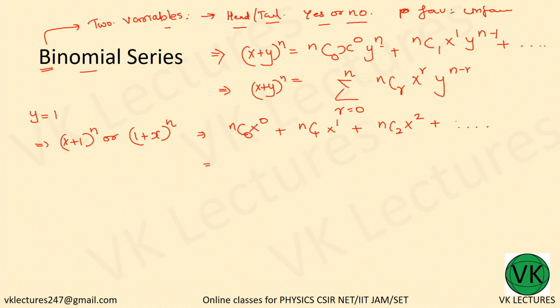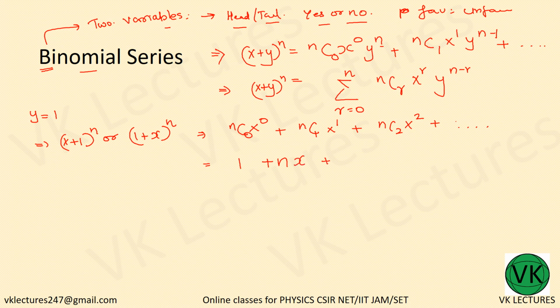Now nC0 is 1, x to the power 0 is 1, so 1 plus nC1 is nothing but n into x to the power 1.